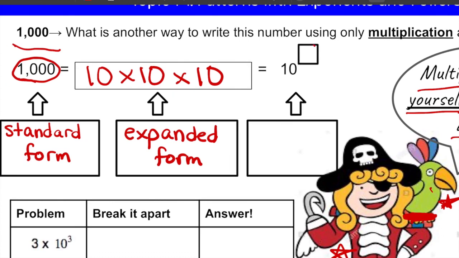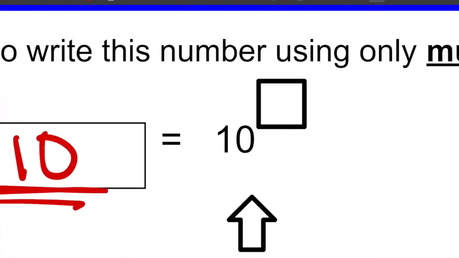We want to write an exponent in this box right here. So how many times do we see 10 being multiplied by itself? Well, in this example, we see 10 being multiplied by itself 3 times. So in this box in your notes, you're going to write a 3.